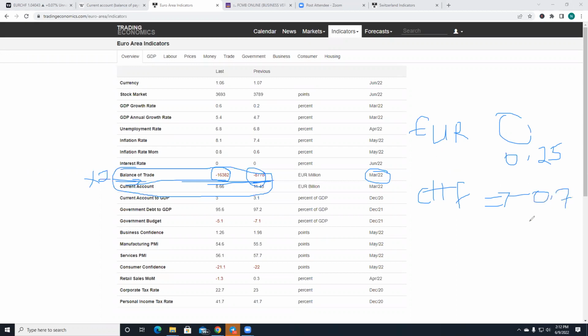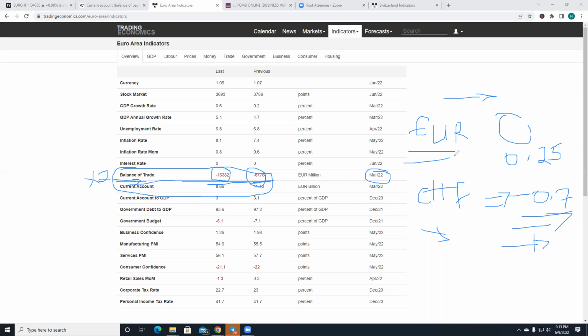Okay, can you see it now? So if we have to buy a currency, one is 0% interest rate or 0.25. Another one is minus 0.7. This one, if you save money in the bank, you are going to pay the bank for keeping your money for you. But this one, if you save money in the bank, you are not going to collect any interest on the money you have saved. But this one, your balance will be dropping. Which one will you prefer, guys?